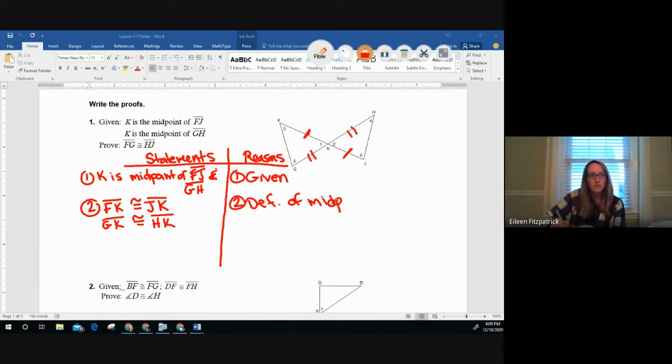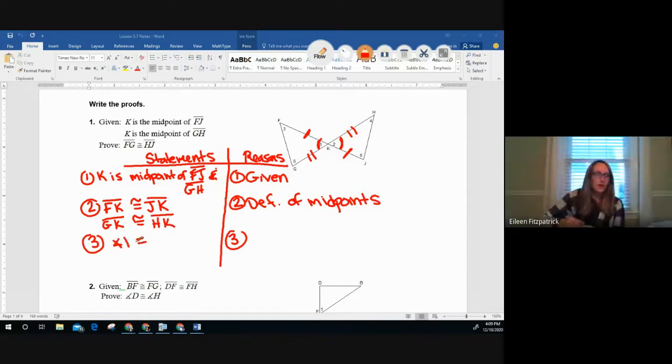All right. The next thing we're going to list, what else do we know looking at the diagram? You know, angle 1 is congruent to angle 2. How do I know that? They're vertical angles.